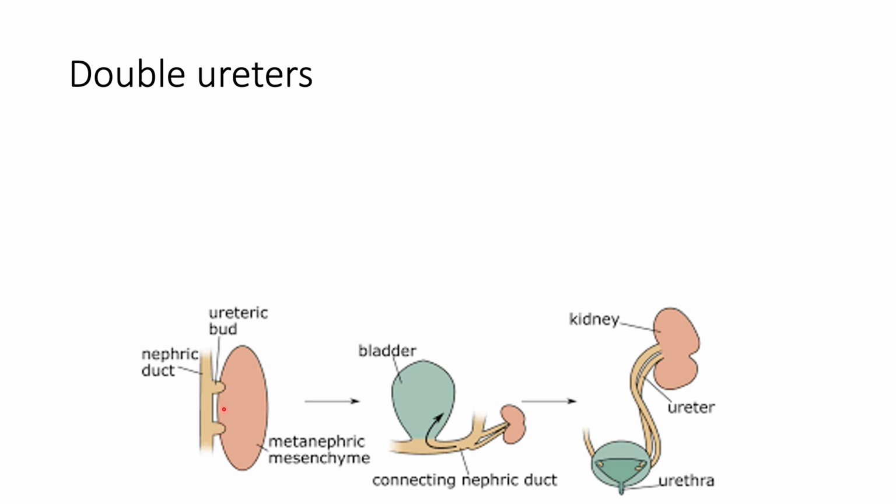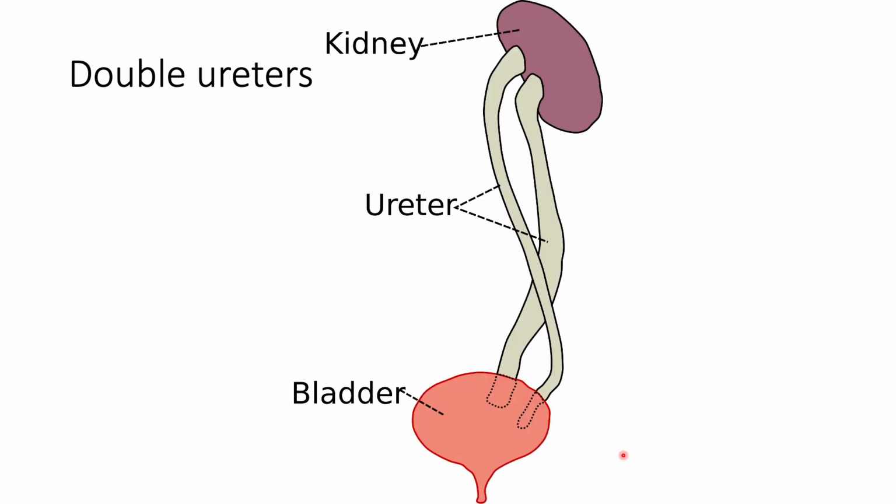This is not bifurcating from one stalk, but two direct ureteric buds coming from a nephric duct into the metanephric blastema or mesenchyme. Eventually, this is what is going to form two ureters, which will insert into the bladder.